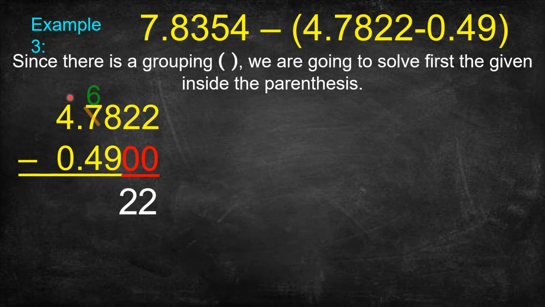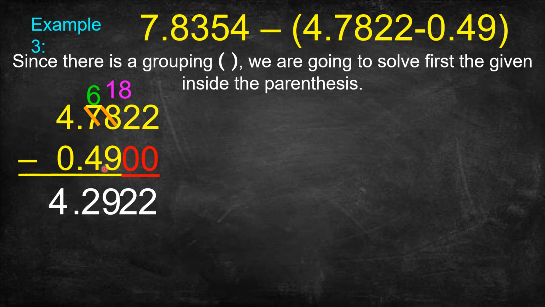From 7, babawasan siya ng isa, magiging 6 na lang. And then, yung 8 natin, madadagdagan siya ng 10. Ngayon ay magiging 18 na siya. So, we can now subtract 18 minus 9, that is equal to 9. And then the next one, we have 6 minus 4 is equal to 2. And then copy the decimal point. 4 minus 0 is equal to 4.